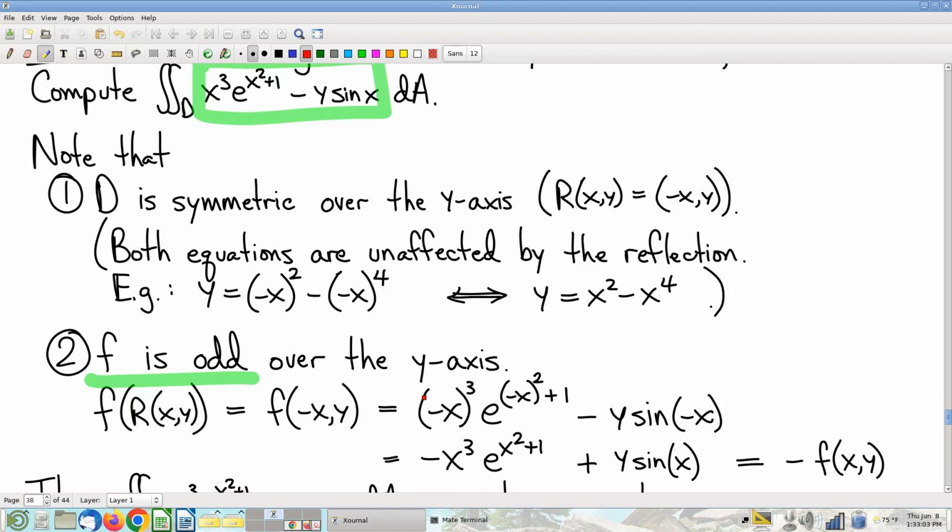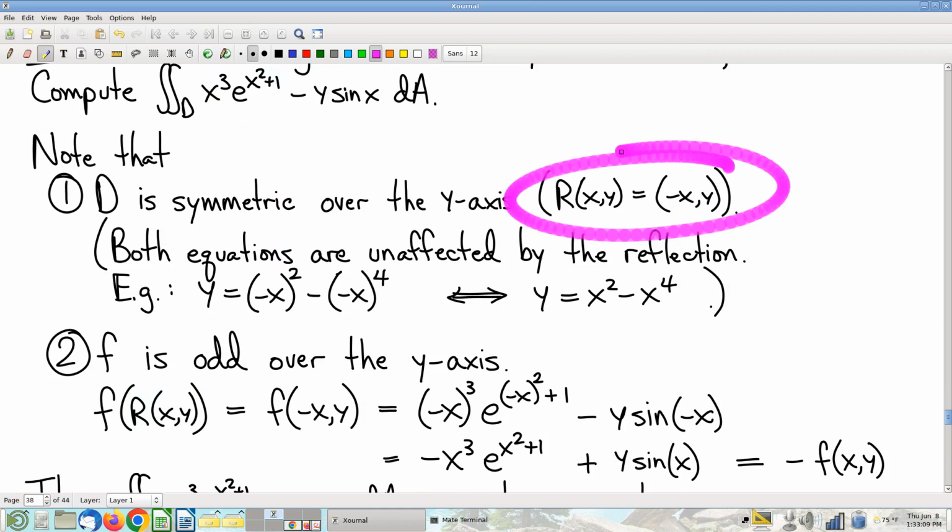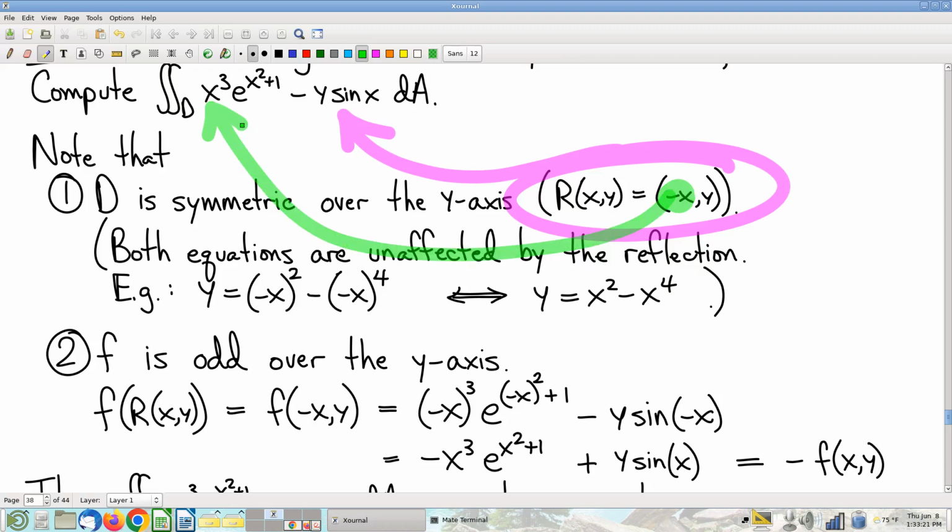And this could be a little confusing. I'm going to take this reflection and plug it into there. That means, notice in particular, that it's negative x. That's going to go where the x is.